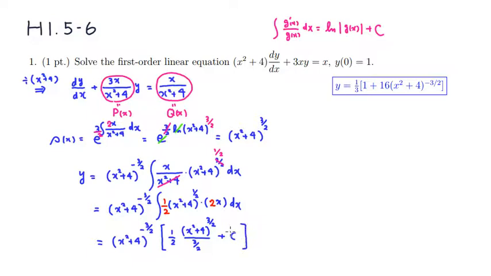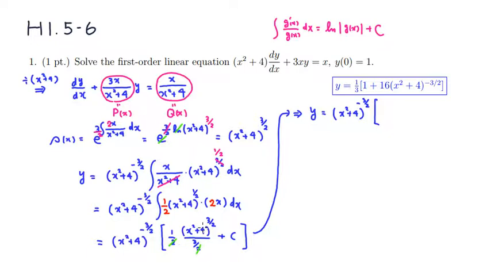Let's do a little bit of cancellations here. There's a 2 up here and a 2 on the bottom. You can cancel that, so you have a 1/3. If you clean it up, so y is equal to x squared plus 4 to the negative 3/2 power, then you have a 1/3.